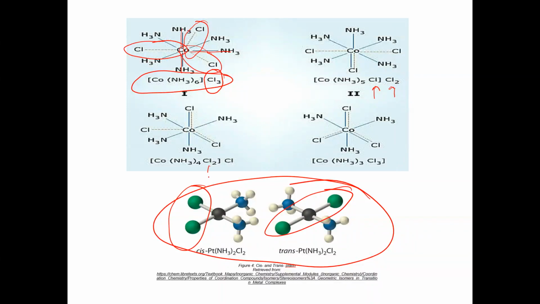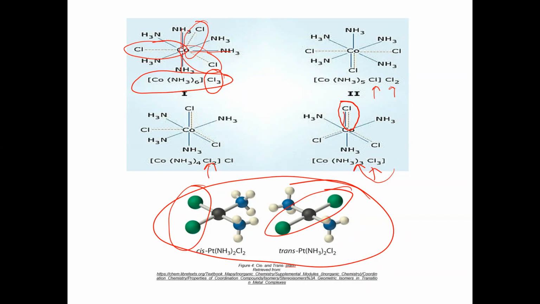And similarly, all the three ligands can be present inside the coordination sphere. You can see here this chloride is connected to cobalt through a dash bond and this dark bond also, because it is just arriving inside the coordination sphere.